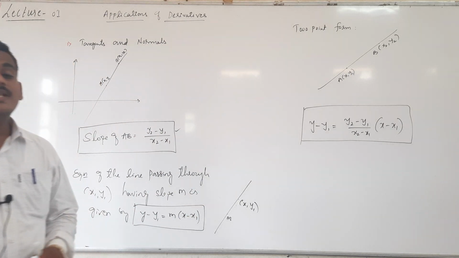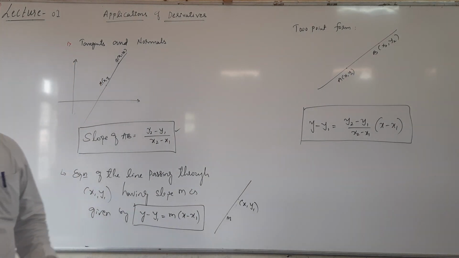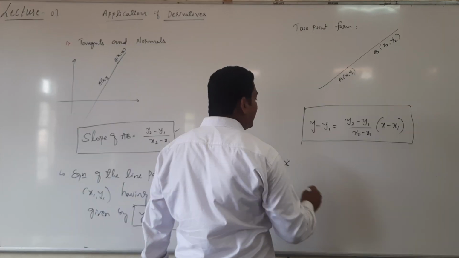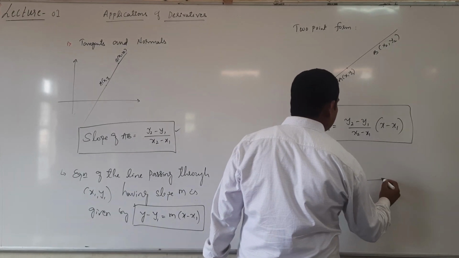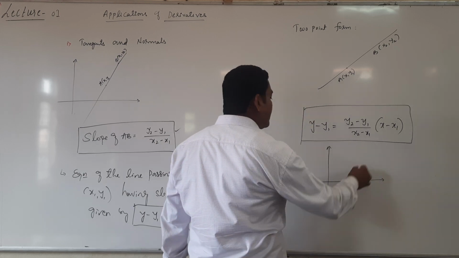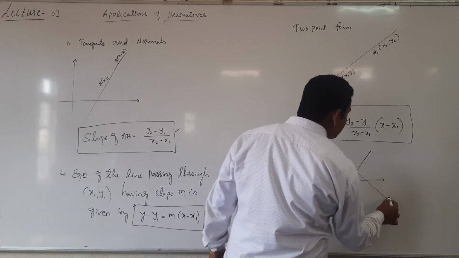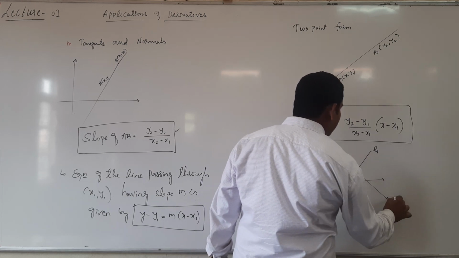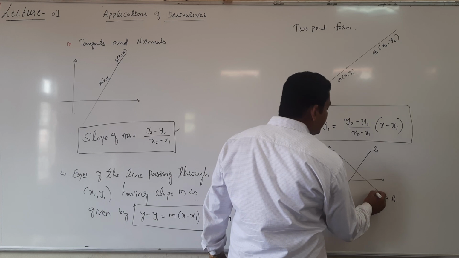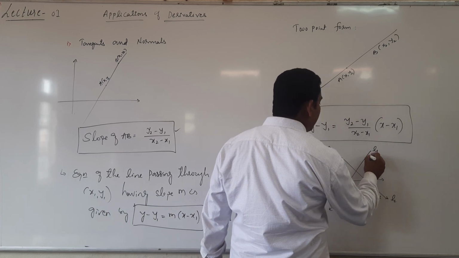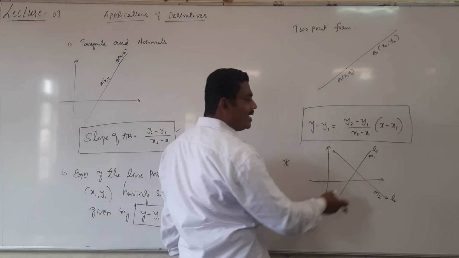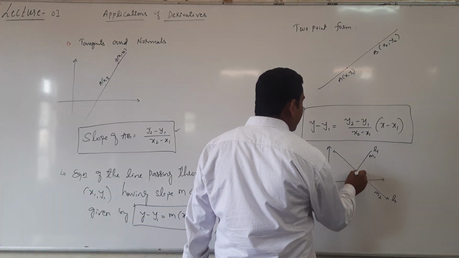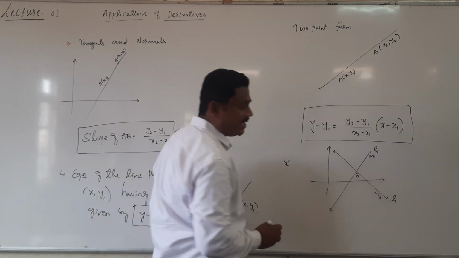Then after that, angle between two straight lines. This is line 1 and this is line 2. Slope of line 1 is m1, slope of line 2 is m2, and this is the acute angle between two lines, theta.